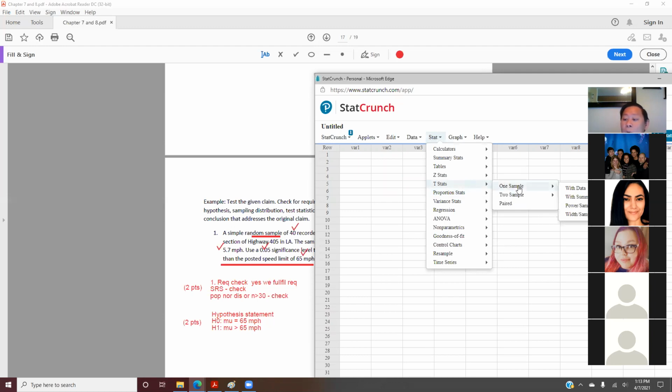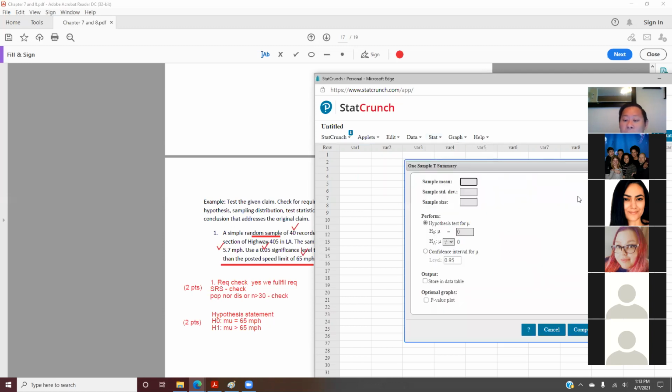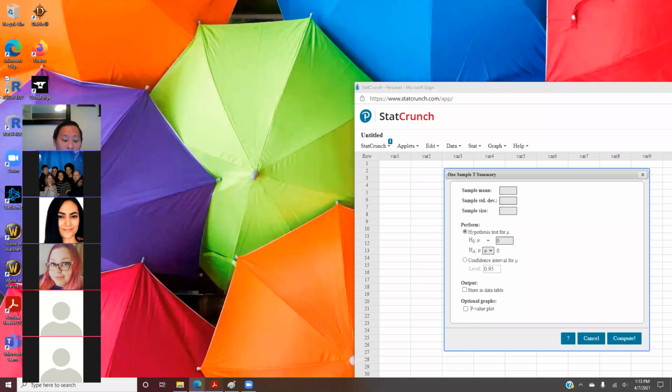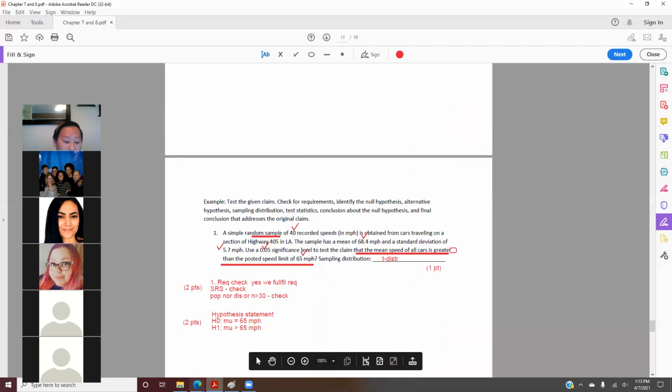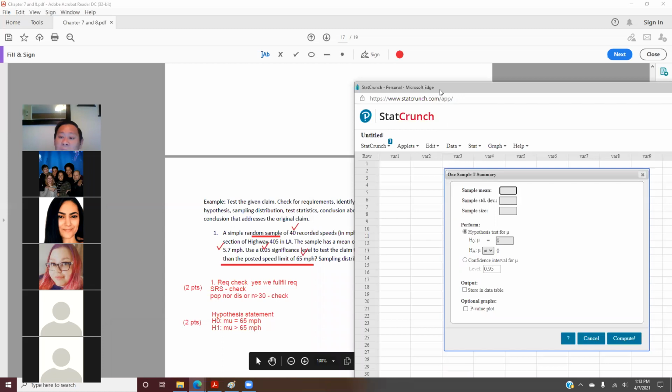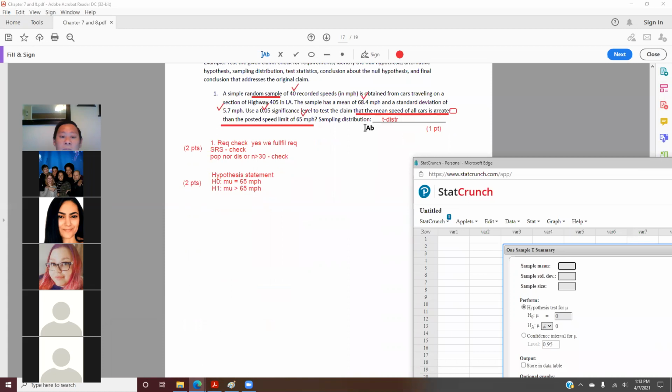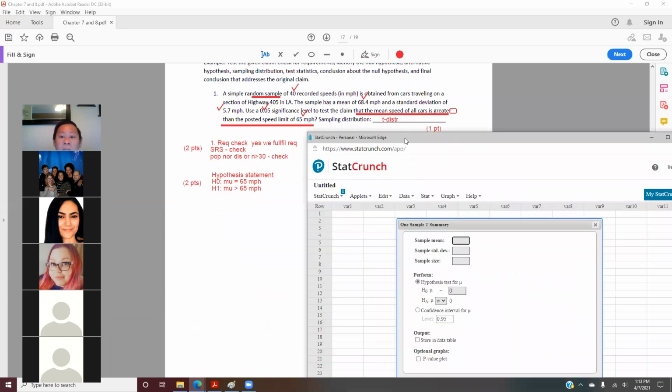One sample with summary, because this one gives summary statistics: the mean and the standard deviation. So you go to T stats, one sample with summary, and enter some numbers. First is your sample mean, 68.4.